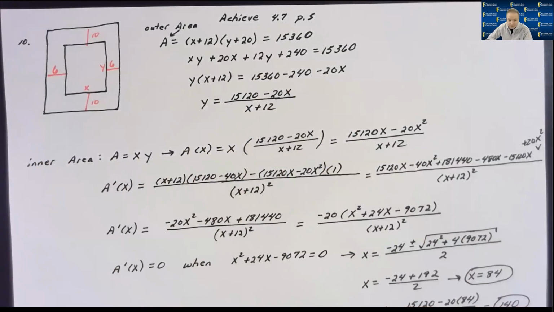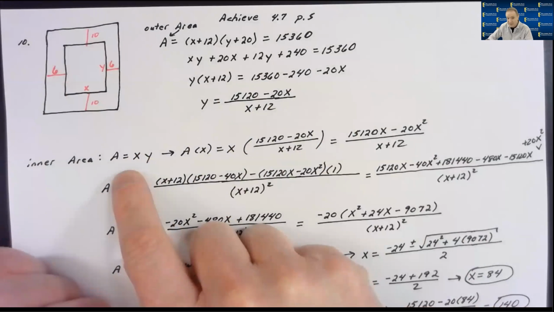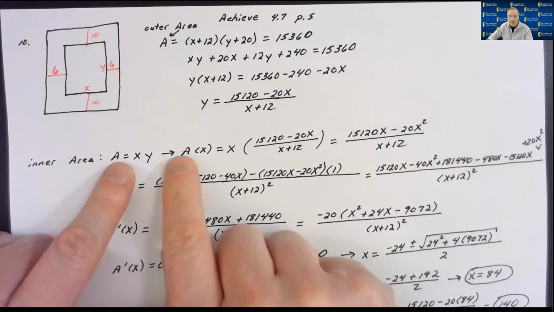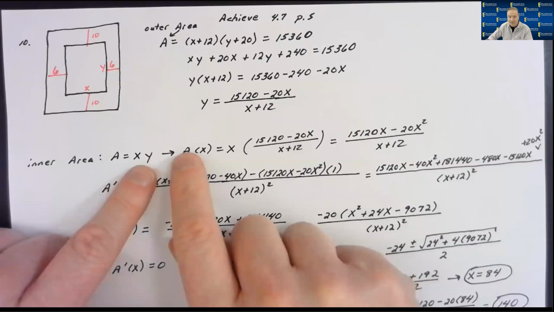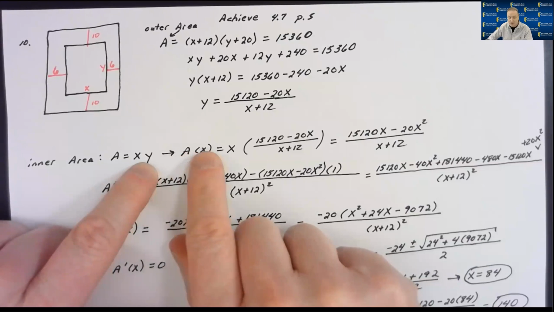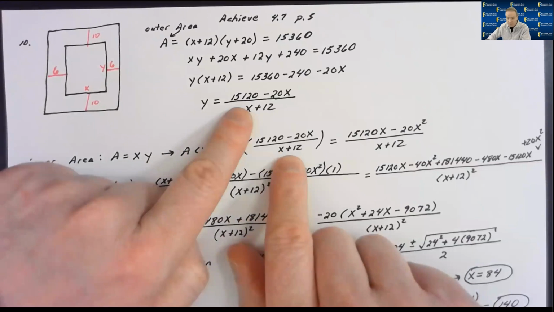And so now, if I'm trying to find that inner area, I can say the inner area would simply be x times y. I'm supposed to maximize that inner area. So I'll maximize the inner area, but I first need to get it solely in terms of x. We can do that now. So instead of saying the area is x times y, I'll say the area with respect to x is x times what y is equal to in terms of x.